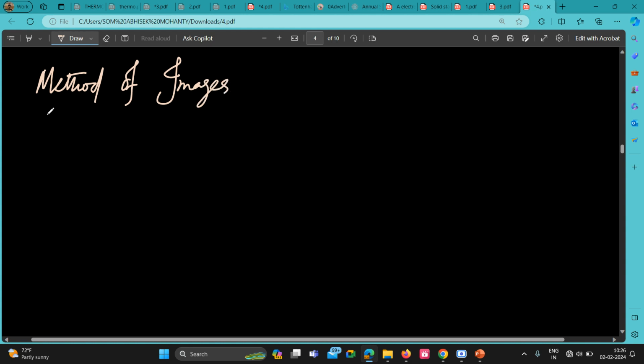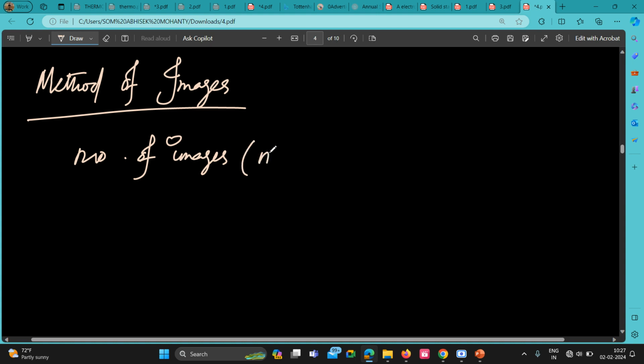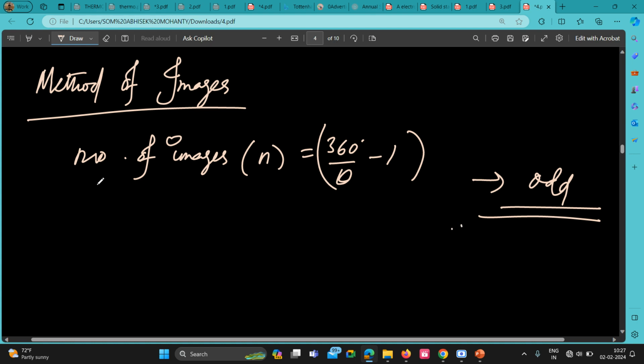Method of images. The number of images is n equal to 360 by theta minus 1. This value should always be odd. We can calculate the force between charges also.